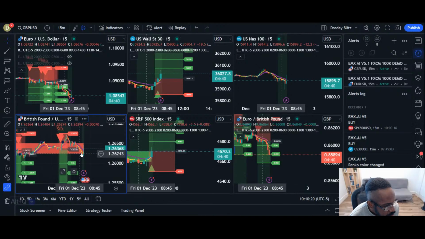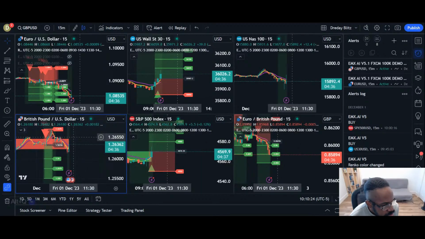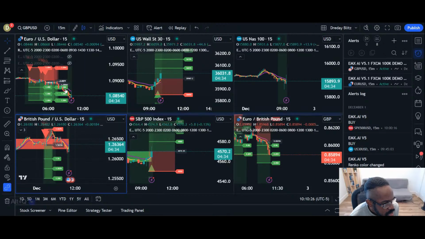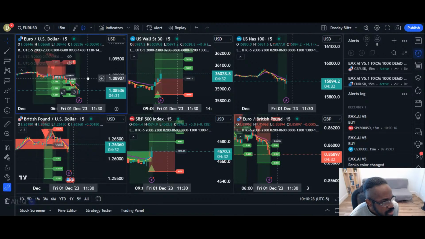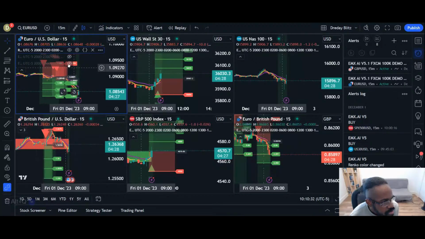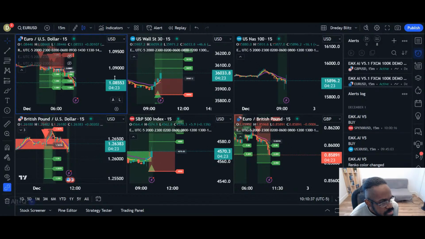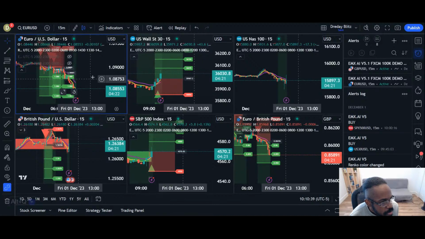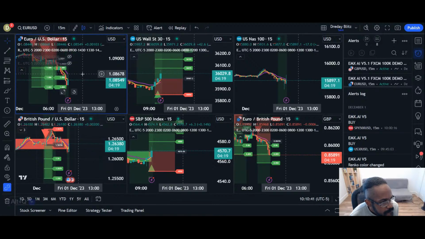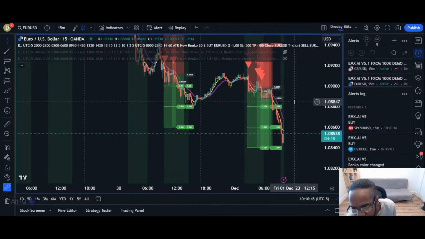And you have GU, we had a sell here. And then you have a few sells on Euro USD, pushing TP2 going to TP3. Let's look at the Euro USD.